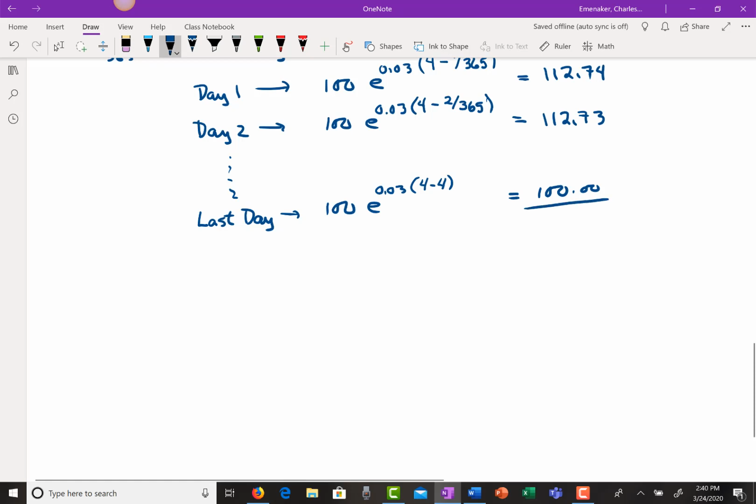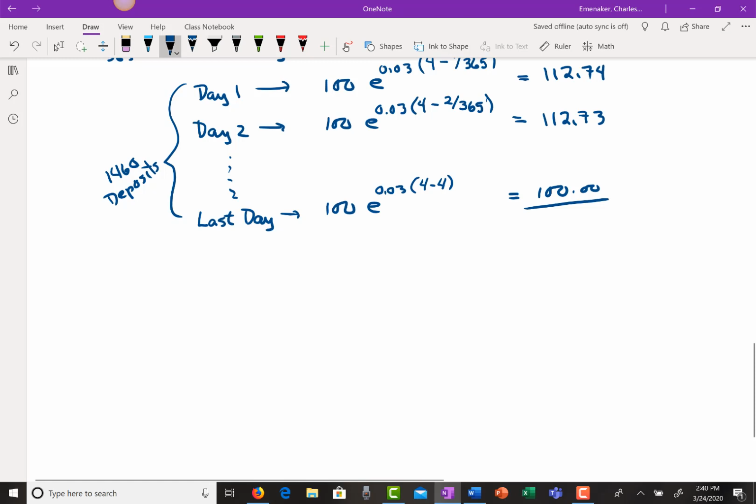And the question then would be, gosh, what does this add up to? Well, I think you can see that in this situation, this is going to be a whole lot of deposits. It's going to be a total of 1,460 deposits. This would be a mess to figure out by hand.